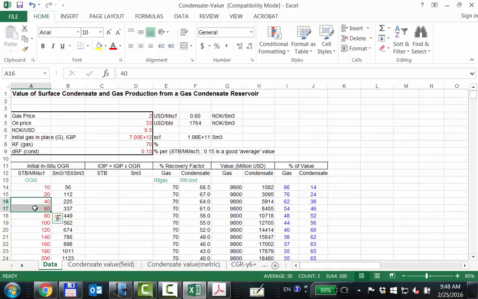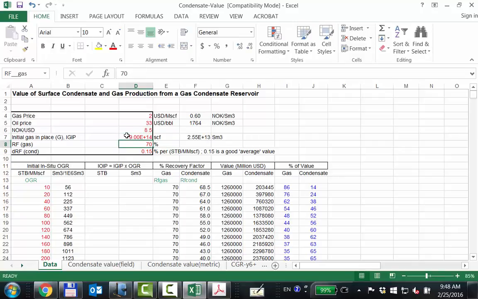It contains about, they say, 900 times 10 to the 12th standard cubic feet. But its CGR is somewhere between 40 and 60 barrels per million.